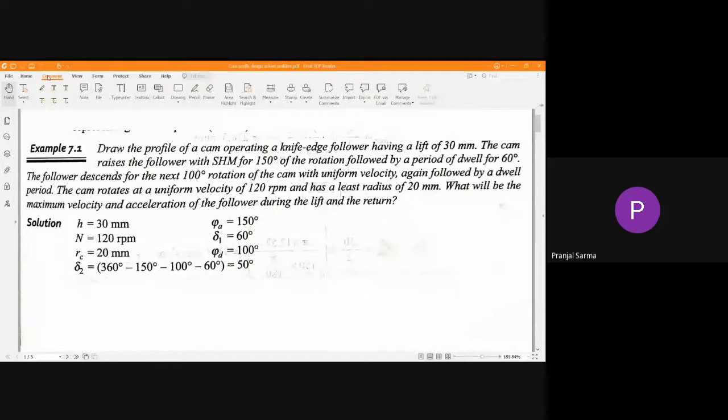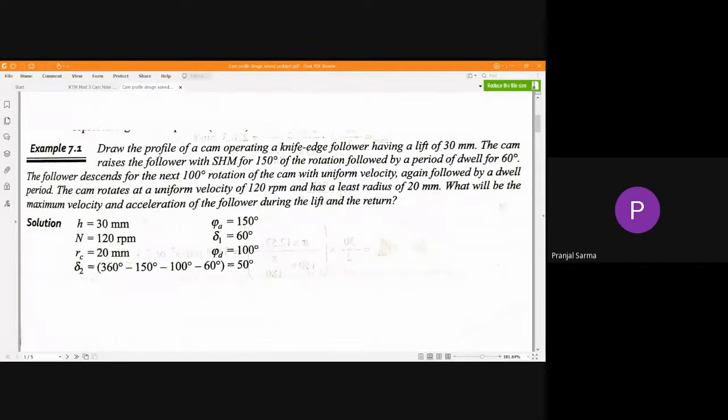So what the problem statement says: you have to draw the profile of a cam which is operating a knife edge follower. Once you go through the problem statement, you try to find out the points of importance and note them. This is important: operating a knife edge follower having a lift of 30 mm.